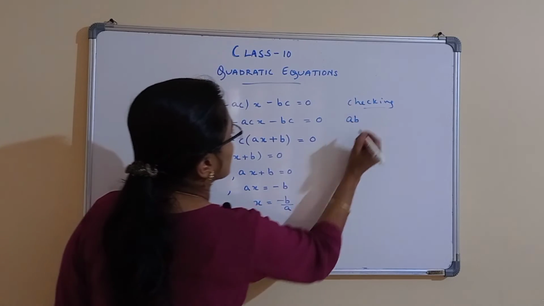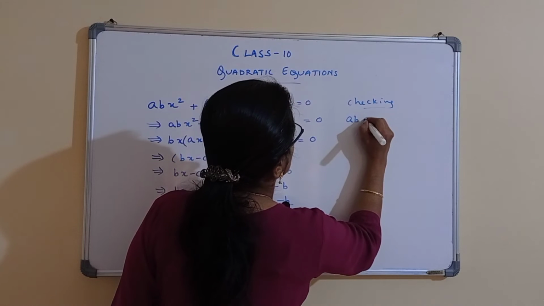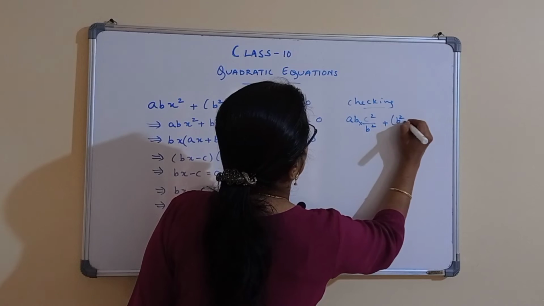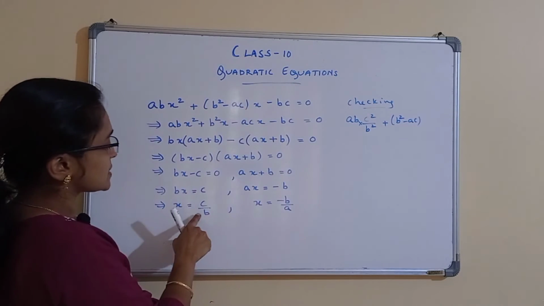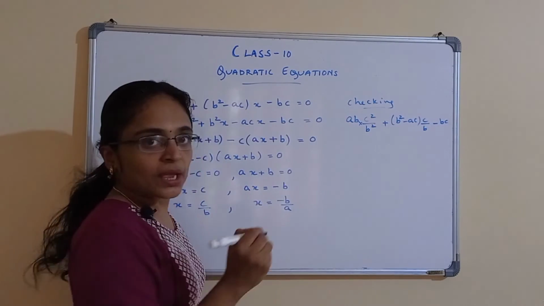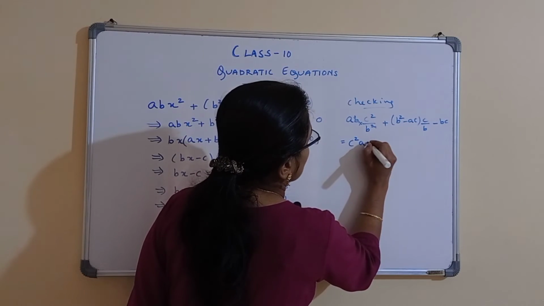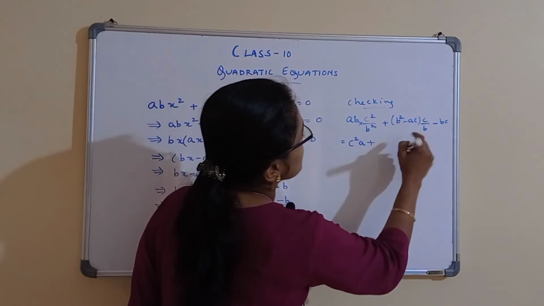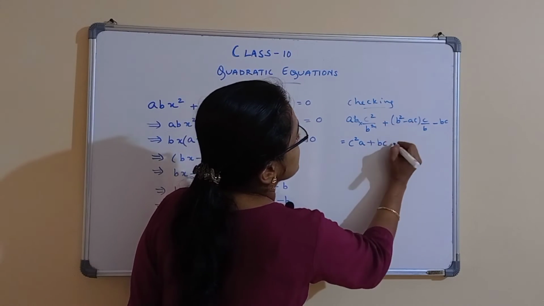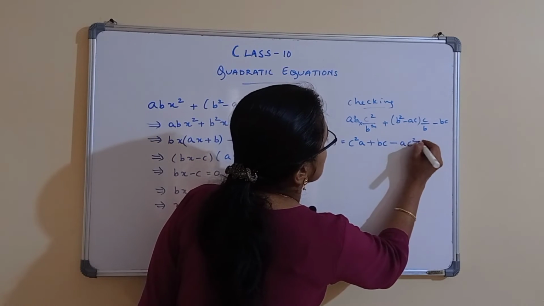if we put c by b as the value of x, we have ab into c square by b square plus b square minus ac into c by b minus bc. Okay, so this is equal to c square a by b, plus b square into c by b is bc, then minus ac into c by b is ac square by b.